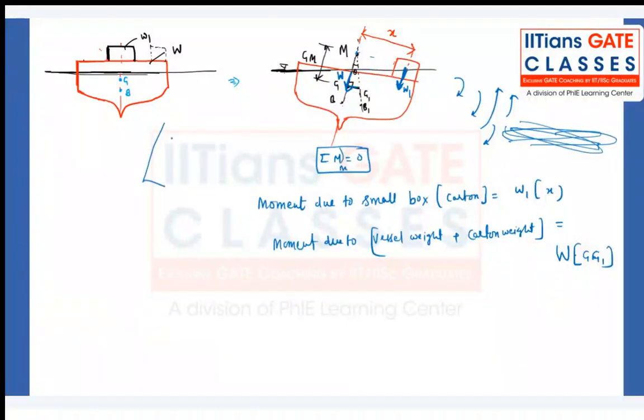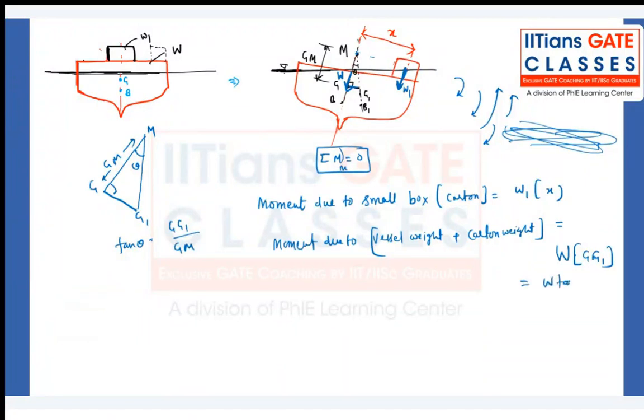But what about GG1? I'm writing here once again. See, this is the perpendicular, this is theta, this is GG1, this is the end point, this is the GM. What about tan theta? GG1 divided by GM.